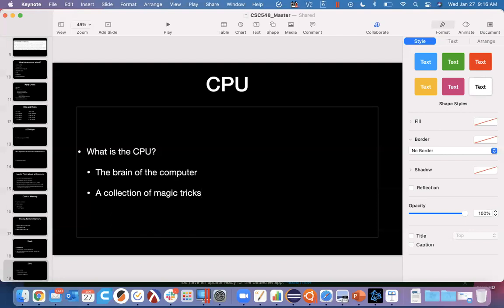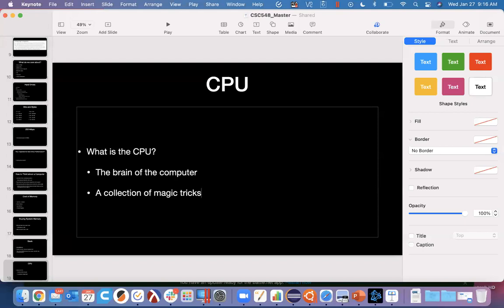You can think of those little tiny movements as the magic tricks on a CPU, where each one isn't that interesting in and of itself, but you start stringing them together in the right order and things can get accomplished. That makes sense?